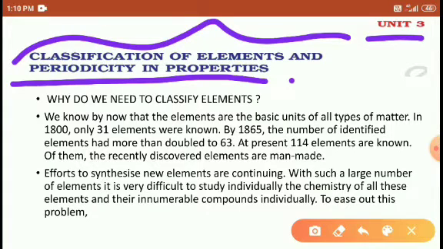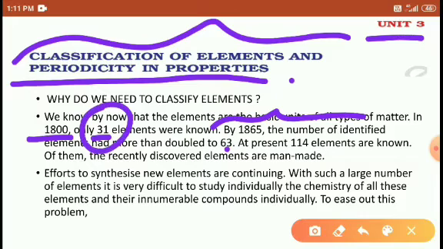Why do we need to classify the elements? We know that presently 114 elements are present. In earlier times, only 31 elements were found, in the year 1800. Later, by 1865, after 65 years, the number of elements found had doubled, that is, 63 elements.